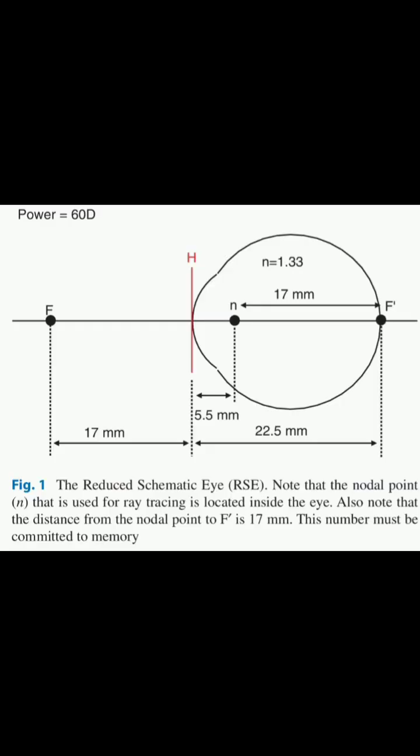For the human eye with a power of 60 diopters, it is taken to be just behind the posterior lens surface, near the lens, and it is around 5.5 millimeter behind the corneal vertex, the point with the steepest corneal curvature and maximum power, and 17 millimeter from the retina. So that's the nodal point in the human eye.